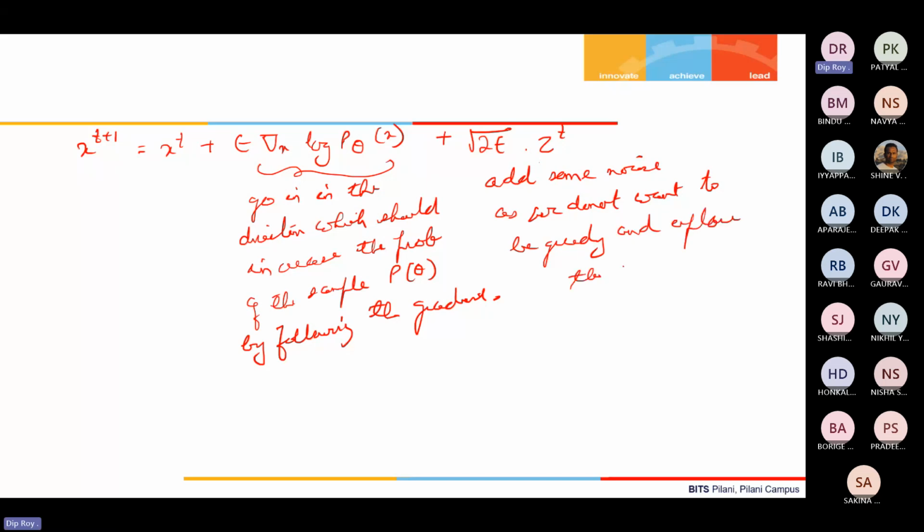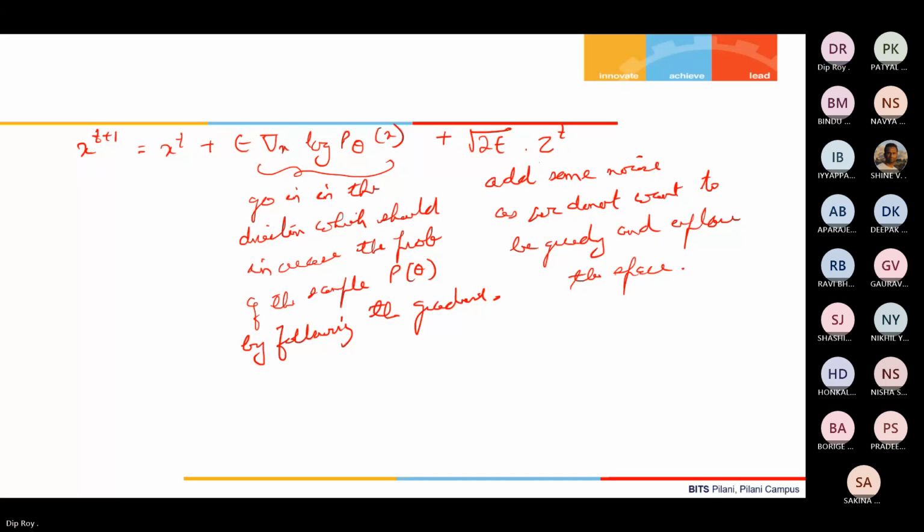Same thing as I showed you in the normal vanilla MCMC. We don't just want to follow the gradient. We want to explore the entire space.